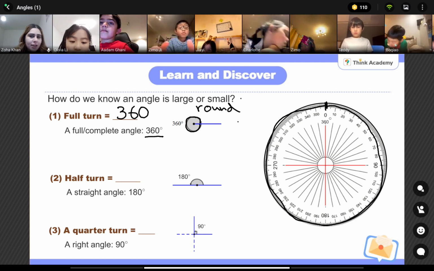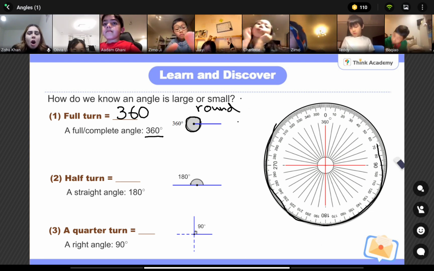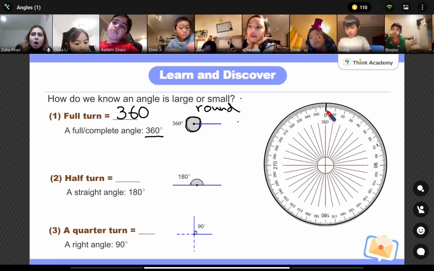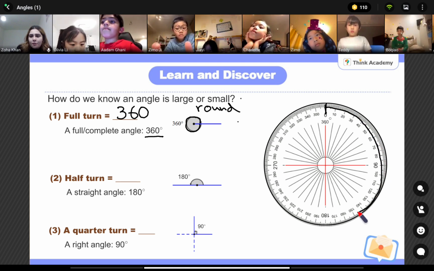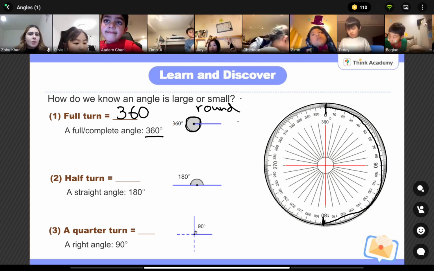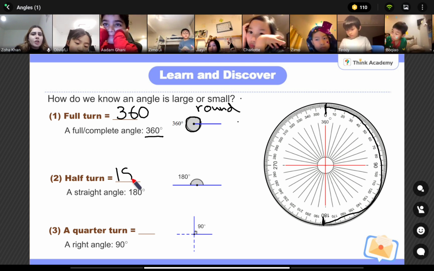All right, but let's say Miss Zoha just wanted to go halfway around the clock. So let's only go halfway. So I start at 0 and then I go halfway around the clock like this. Well, halfway is only half a turn. So it's going to be half of 360, which is just 180.